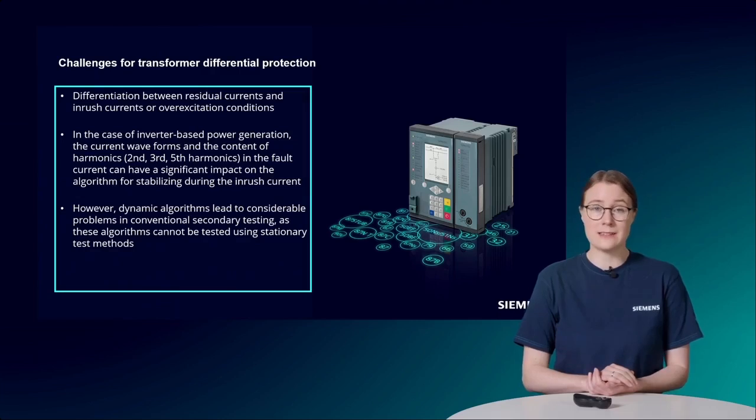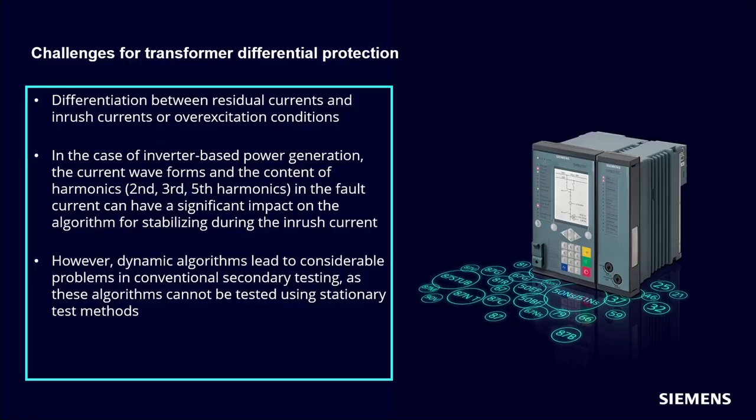This task has become increasingly complex due to the growing number of inverter-based generation, which can introduce significant second, third, and fifth harmonic content into the system. These harmonics can significantly impact the stabilization methods used for inrush detection and blocking.